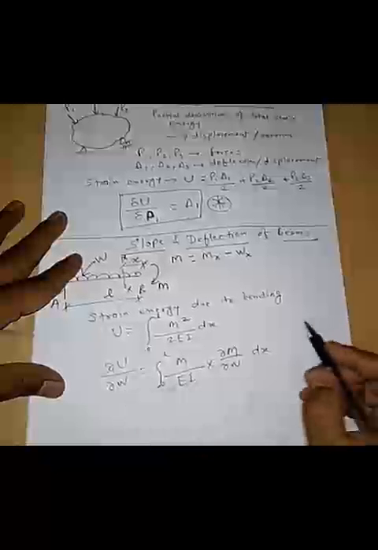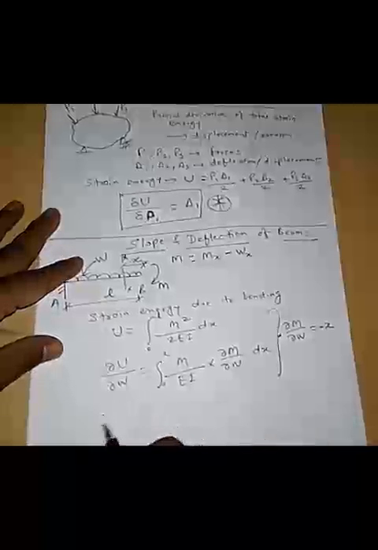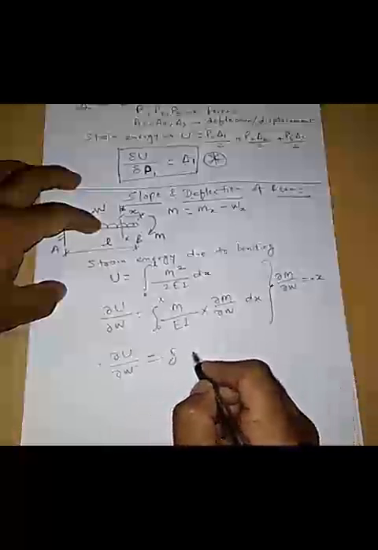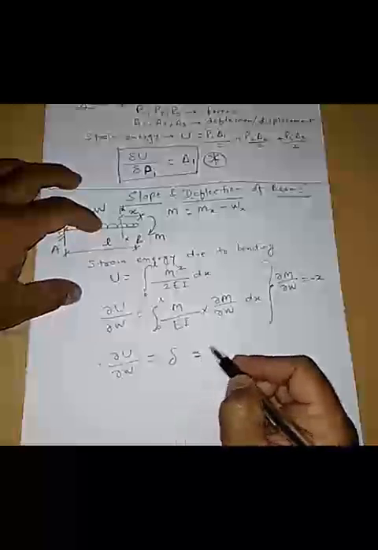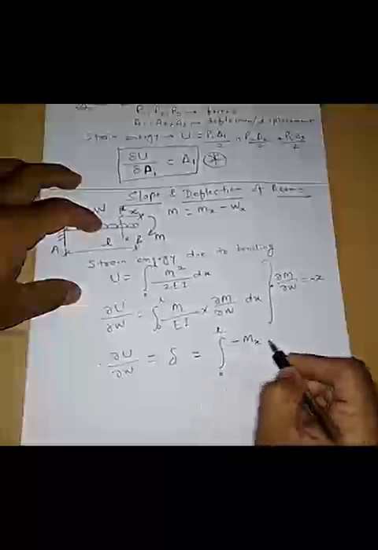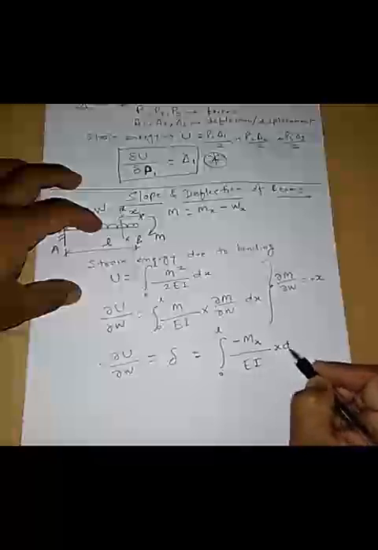Now we know that delta M divided by delta W equals minus x. So finally delta U divided by delta W, which is the deflection delta, equals integration 0 to L of minus Mx divided by EI into x dx.